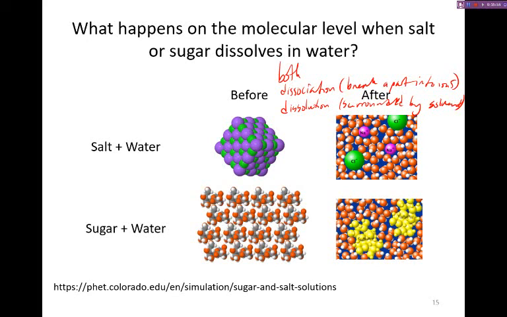In the case of covalently bound compounds that are not acids or bases, such as sugar, those are going to dissolve but not dissociate.